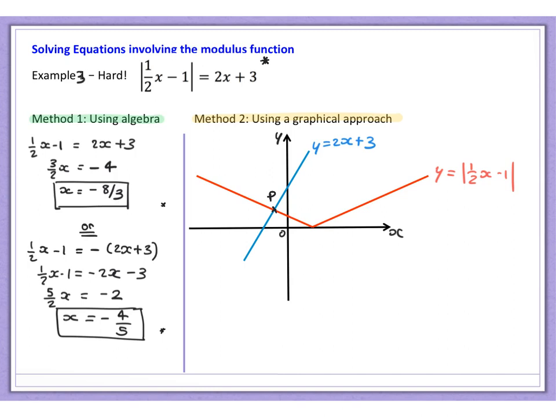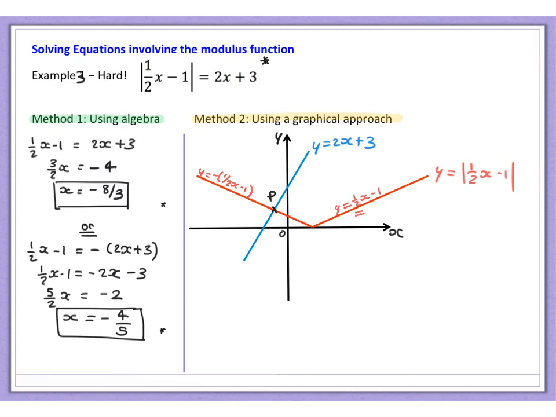Now, how do we know that the graphs will only intersect once? Well, the graph of y equals mod a half x minus 1 in red is composed of this arm, which is a graph of y equals a half x minus 1, and this arm, which is y equals minus a half x minus 1. Now, the gradient of this portion here is a half, as you can see very clearly from that.